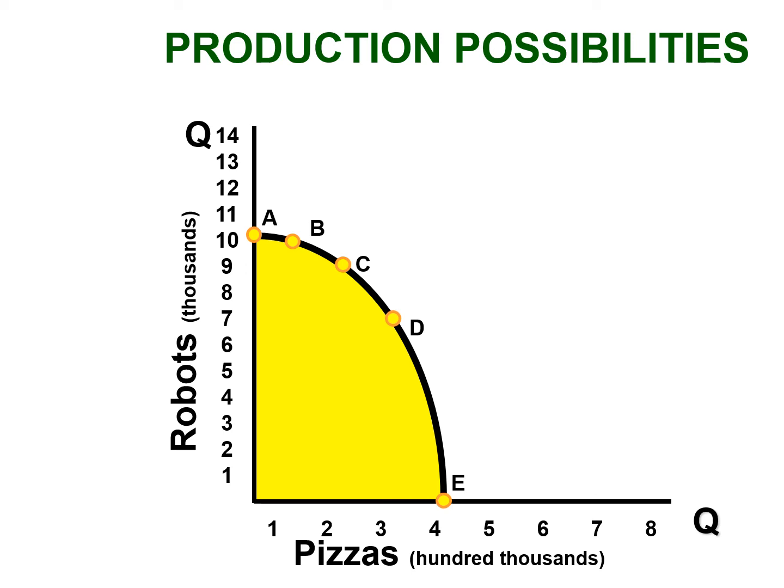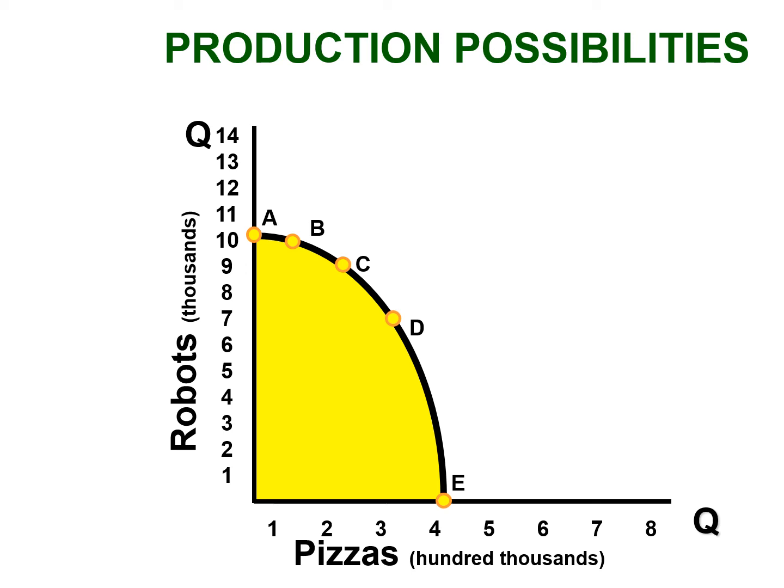We already discussed points A as an apple and point E as an elephant as not allocatively efficient. At point A, society is only producing capital goods, robots. At point E, society is only producing consumer goods, pizzas.